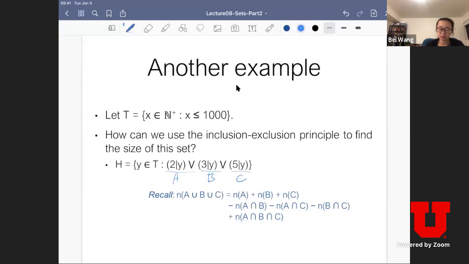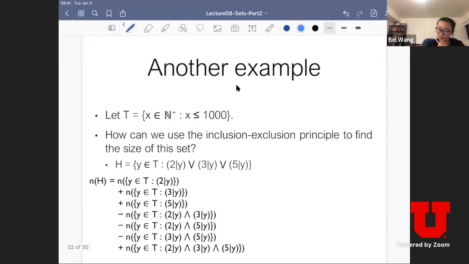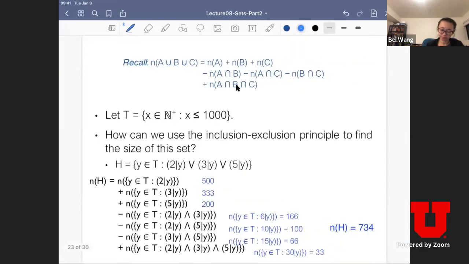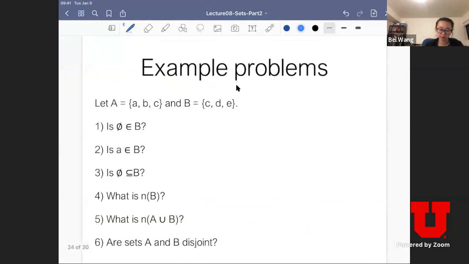Similarly, the intersection between 3 and 5 are the ones divisible by 15. And of course, the last one is the three-way intersection of those three sets, which are the ones that are divisible by 30. Okay. Again, if you have not tried this on your own, please do this before looking at the solutions. So this is a quick review.